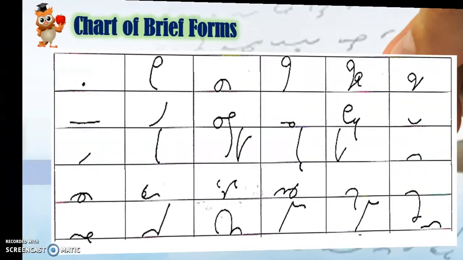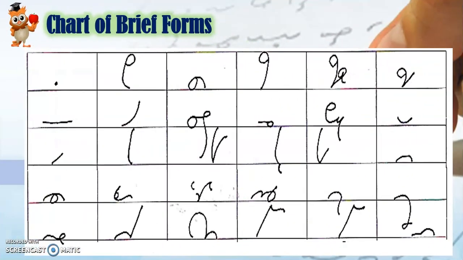Now, let's try without those labels. So let's see if you can read the following brief forms. Anyone who can read the first line, the second line, the third line, the fourth, and the last line, simply shout out if you would like to read one to be recorded as your recitation.